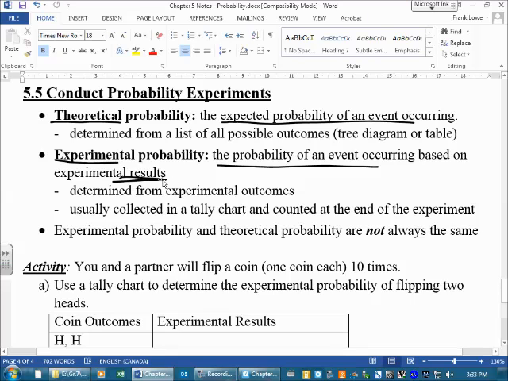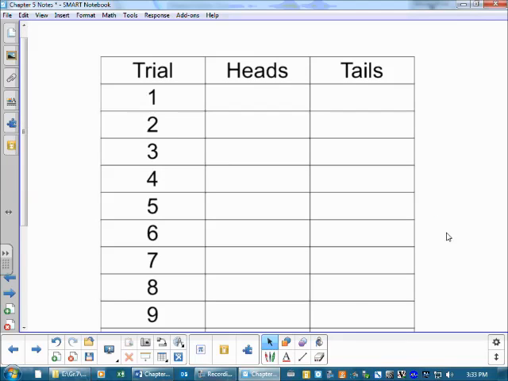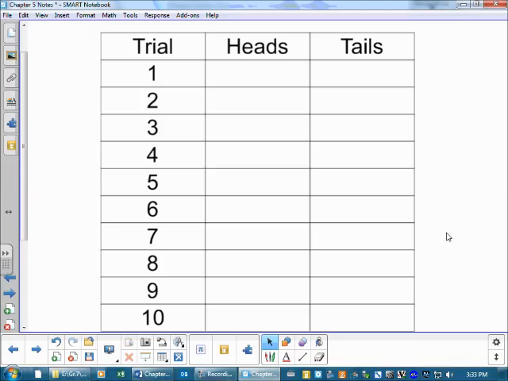So the example that I want to look at is flipping a coin. When you flip a coin once, you have a 50% chance of getting heads and a 50% chance of getting tails.